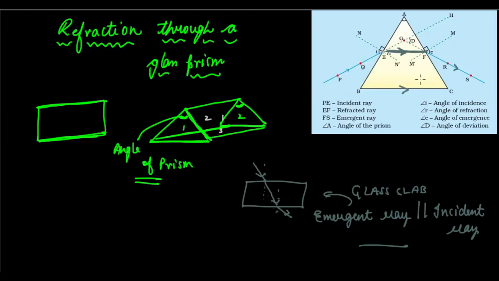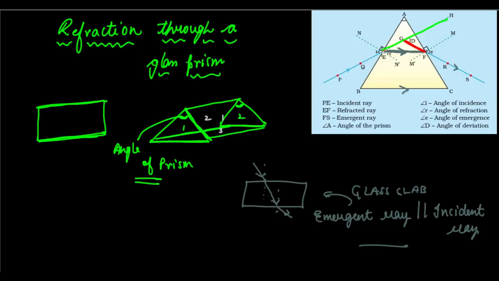To prove that, you can extend this emergent ray backwards. See this dotted line going from F to G? It is an extended line. It does not actually happen, I'm just extending it backwards. When it is extended backwards, it meets the extended incident ray, because this is the extension of the incident ray PE.